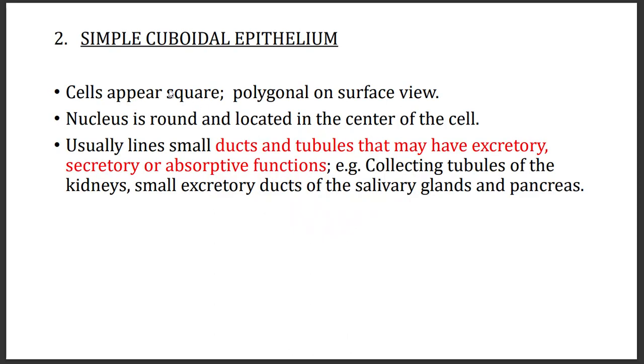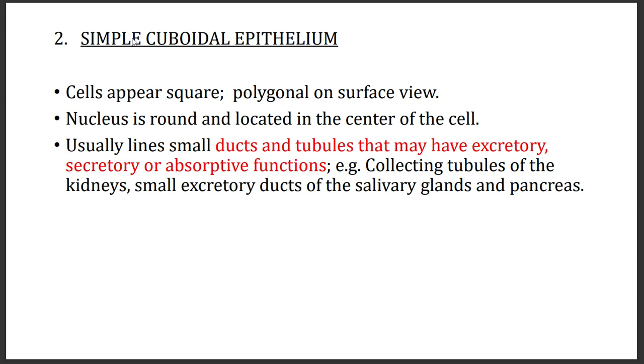Then we have simple cuboidal, meaning one layer, but it is a cuboid cell. These are much thicker as compared to simple squamous, right? These are going to mostly line small ducts and tubules that may have excretory, secretory or absorptive functions.